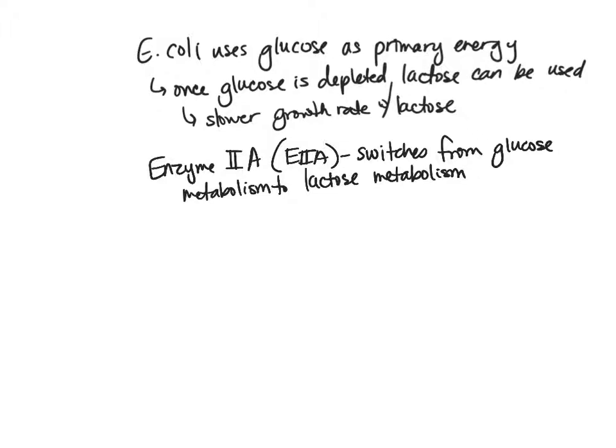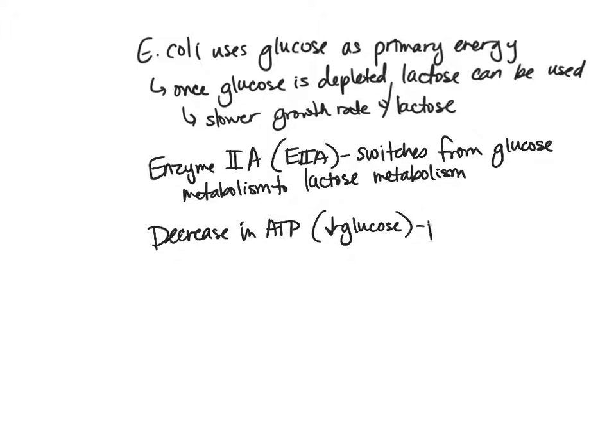So this is going to then allow us to turn on the Lac operon. So when the cell is in a situation where it has a decrease in ATP, right? And the decrease in ATP is because glucose has been depleted, right? There's a decrease in glucose, so it's not making as much ATP. So the ATP levels are really low because glucose isn't coming into the cell.